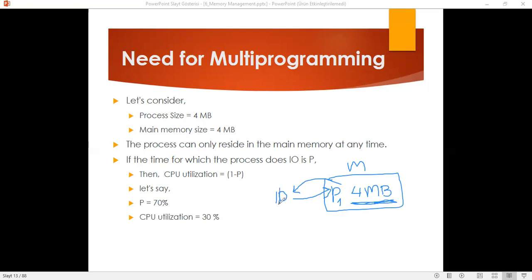It goes for input output 10% of the total time, execution time. In this case, it will be 0.1 and the utilization will be 90.